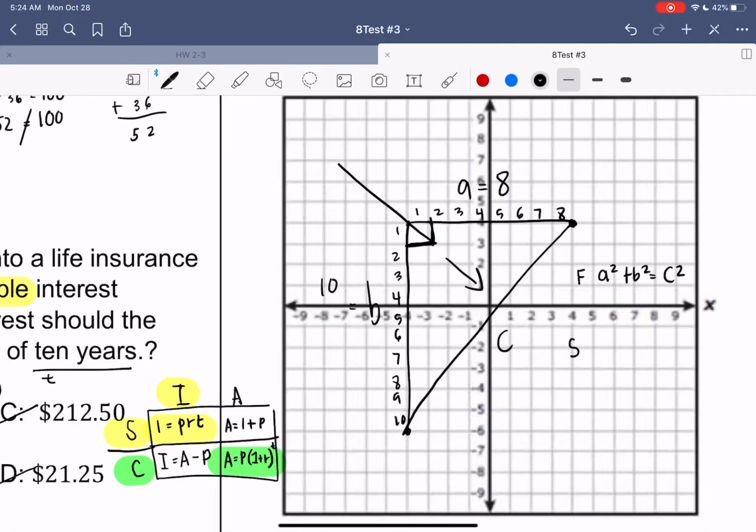164 equals C squared. And then in order to find C, since they're only looking for C, we're going to have to take the square root of both sides.